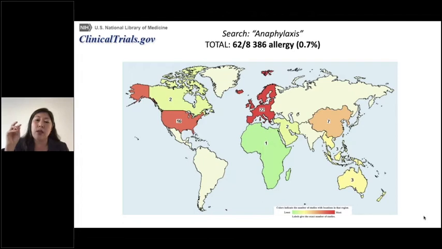When we search by the term anaphylaxis, all the clinical trials addressed to anaphylaxis correspond to only 0.7% of all clinical trials related to allergies. For example, in Europe we have some clinical trials, mostly in France and in the UK. And in Asia, we have them mostly in China and Australia.